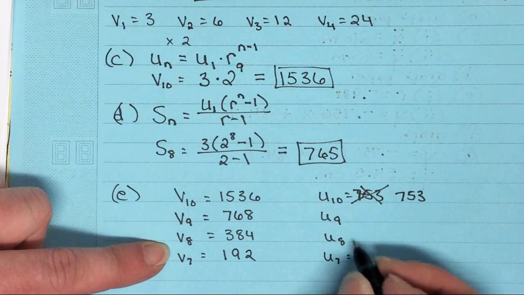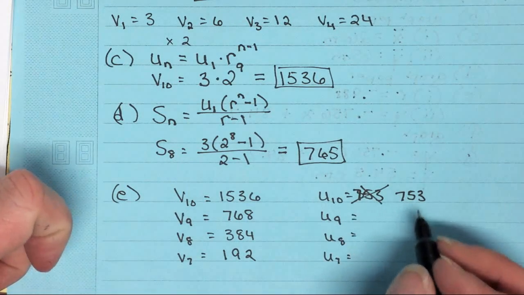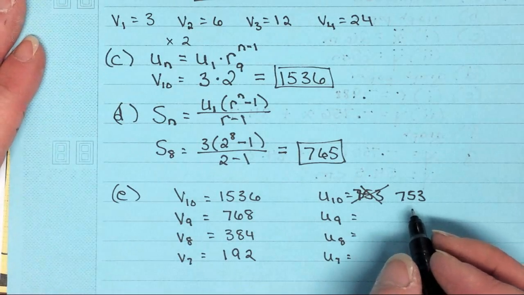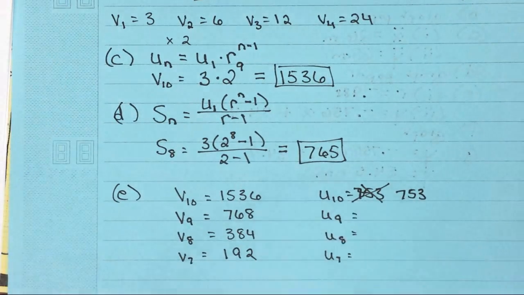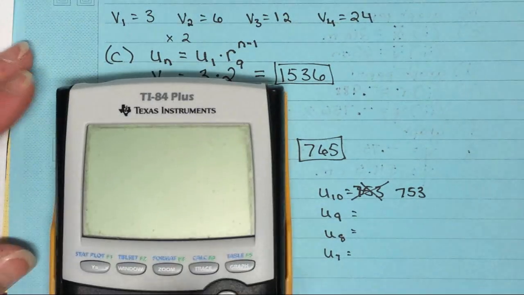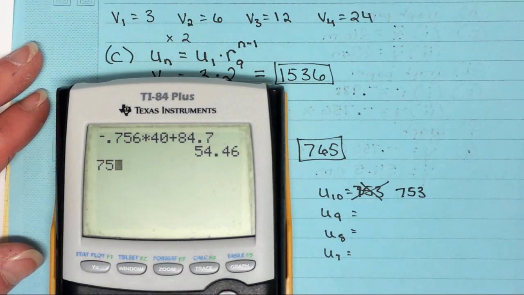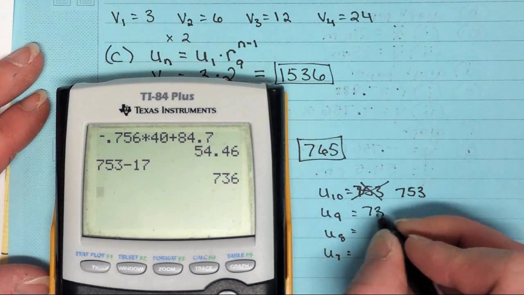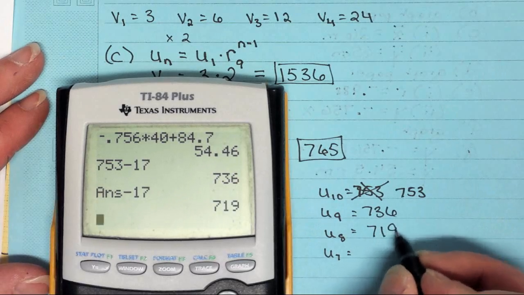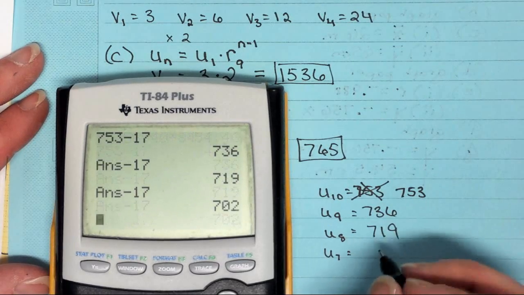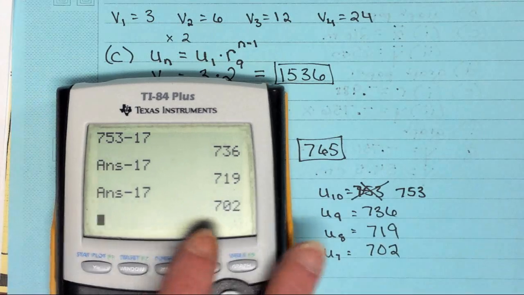On the next pattern we were adding 17 each time, so if I wanted to work backwards, I would subtract 17. I could do the other ones in my head. 753 minus 17 minus 17 minus 17. And now let's check to see if we've gone far enough.